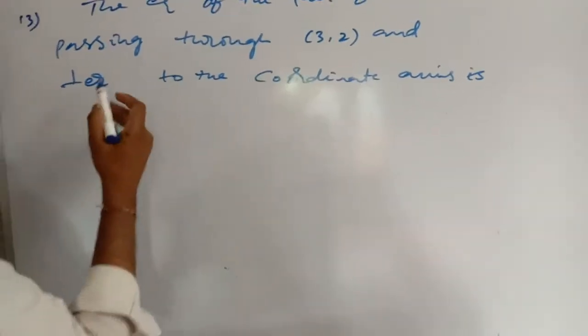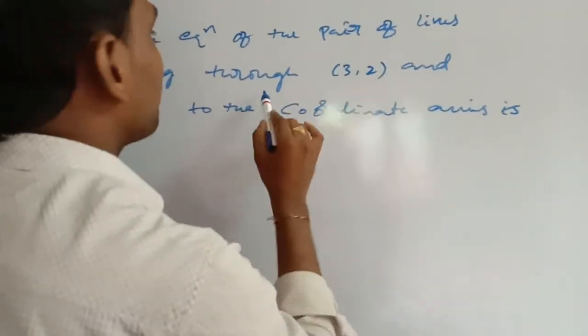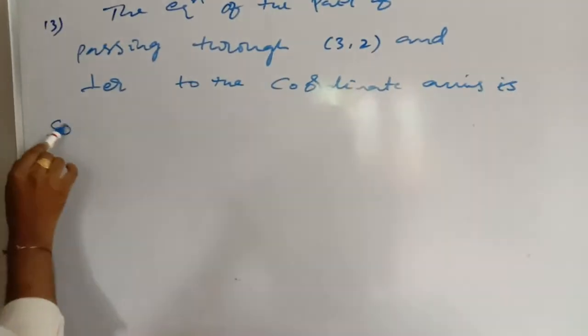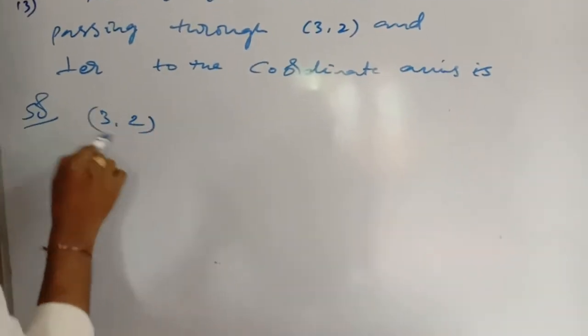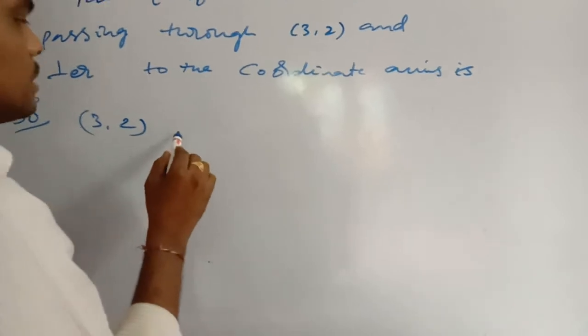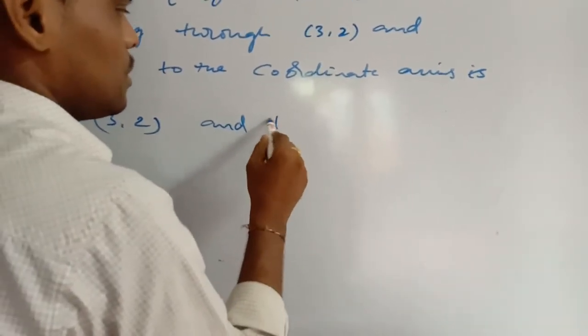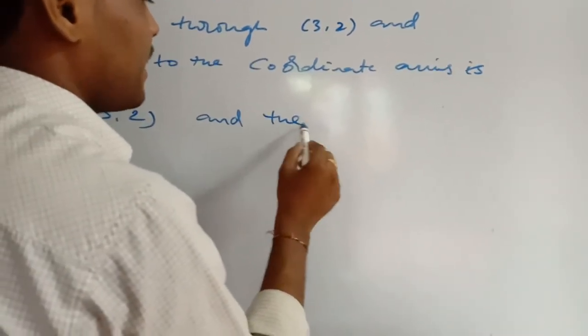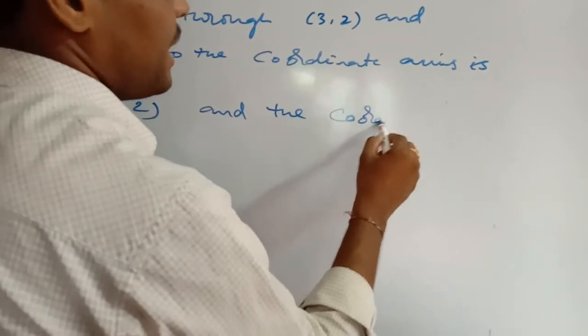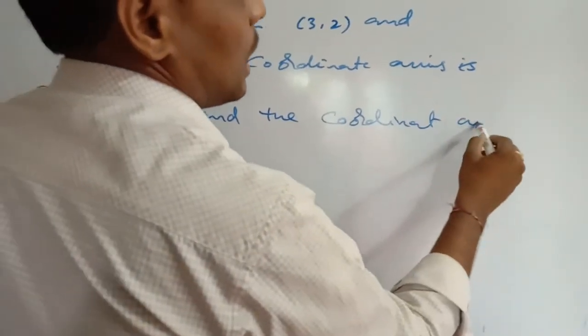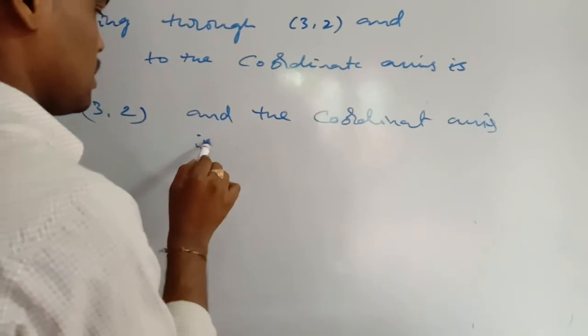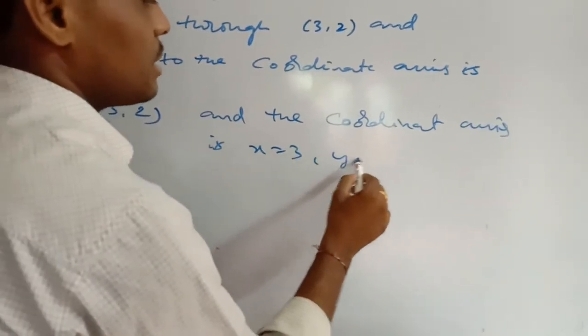Now here the equation of the pair of lines passing through the point (3, 2) and perpendicular to the coordinate axes: x is equal to 3 and y is equal to 2.